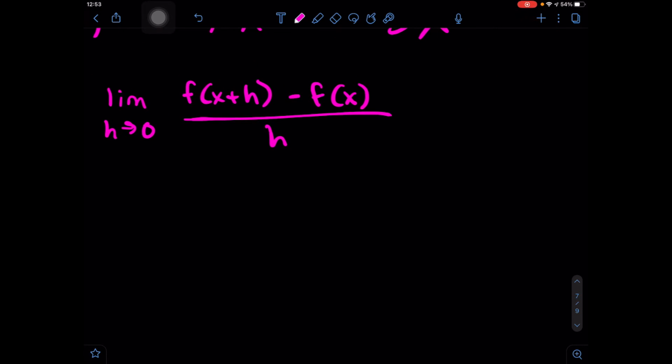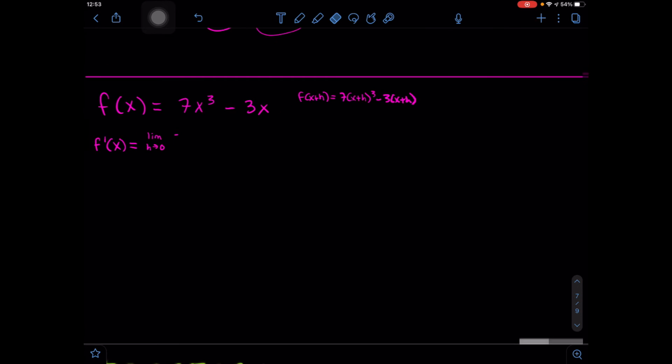So here we can write 7(x plus h) cubed minus 3(x plus h), and then f of x will just be minus (7x cubed minus 3x), all over h. So first let's focus on the f of x plus h part and simplifying that.